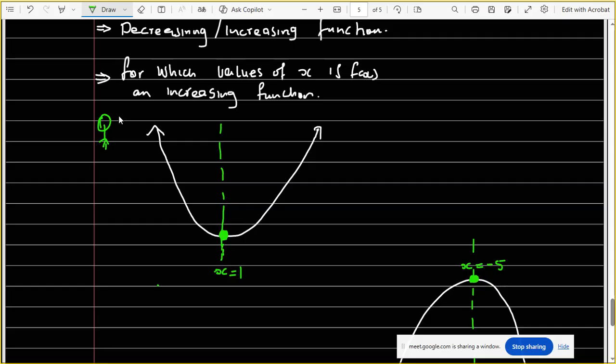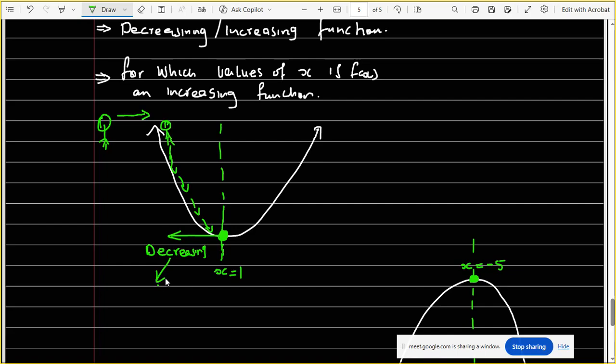So this is you. You will walk from left to right. Can you see that the moment you start getting to this point, you'll start decreasing? You're going down until that point. So this tells you that from this point, going in that direction, the graph is decreasing. You understand?